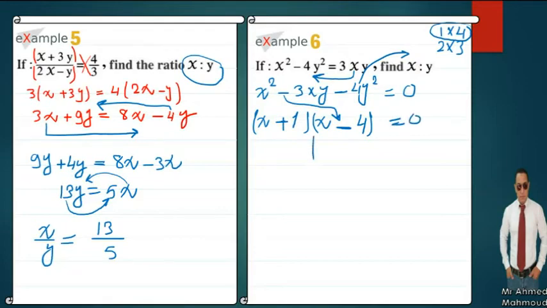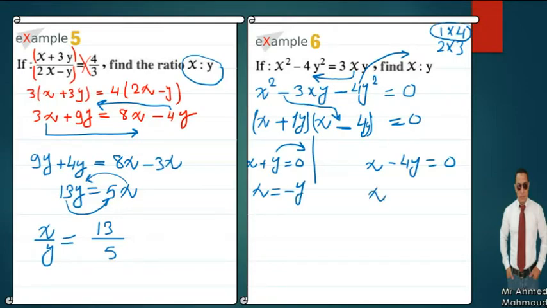I will make them two equations. Okay, here we have y power of 2, then it will be 1y, and this one will be 4y. Then the first one, x plus y equals 0, and here x minus 4y equals 0. Send y to the other side, then x equals negative y, and here x equals positive 4y.